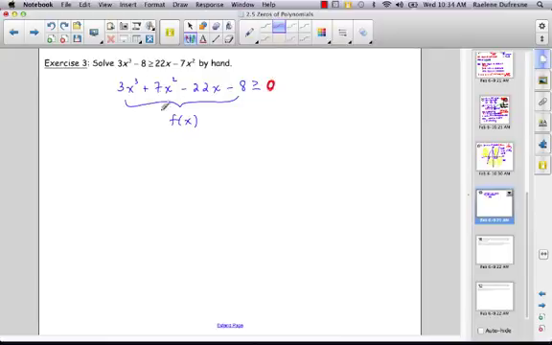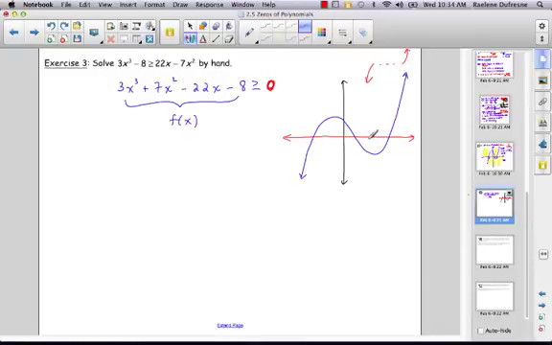So it's hard to know exactly what this graph is going to look like, but if we just came up with a suggestion, we have the y-axis here, we have the x-axis in red, and we have the leading term is 3x cubed, which means that we have the same end behavior as x cubed. So our blue f of x graph may look something like this.